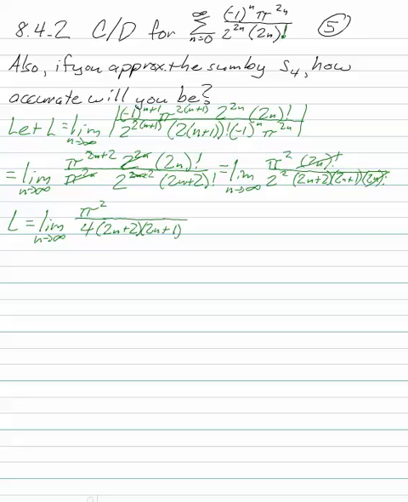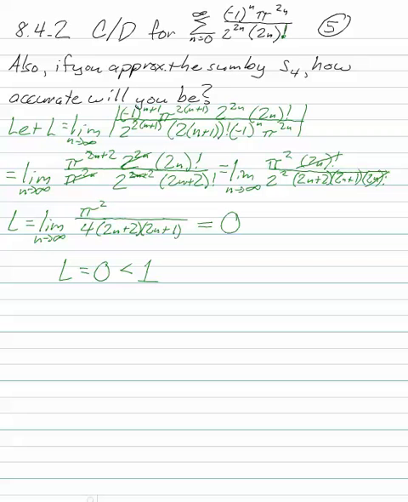So now we want to know the limit as n goes to infinity. Notice pi squared is a constant, 4 is a constant. As n gets big, the denominator gets big, so the limit of the fraction gets small. What does the ratio test say to do? You're going to notice that L is 0, and we're comparing that to the number 1.